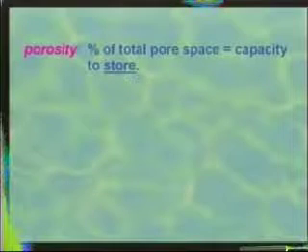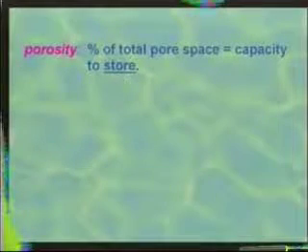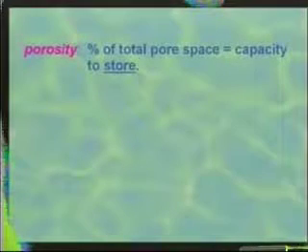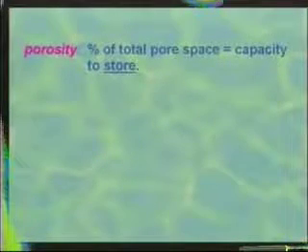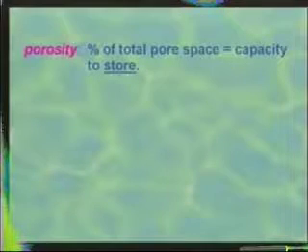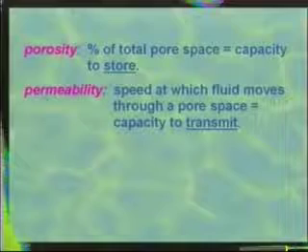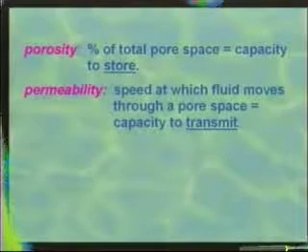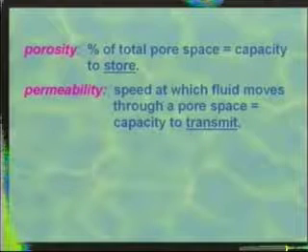Now look at pumice. Pumice is really full of holes, isn't it? Very porous. Great potential for storage. But if all the bubble walls are still solid, can water move through it? No. So we have to take into account what? That permeability term. It's a measure of how fast fluids move through the pore space.